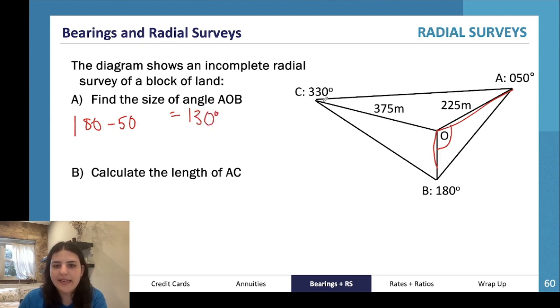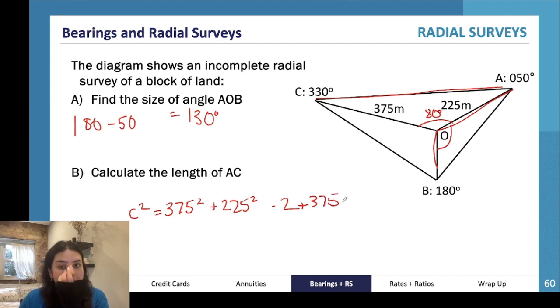Calculate the length of AC. Again, we have our two internal sides and our internal angle is going to be 30 plus 50. So that's going to be 80 degrees in there. And it's again the cosine rule. So C squared is going to be 375 squared plus 225 squared minus 2 times 375 times 225, A squared plus B squared minus 2AB, now I'm forgetting my rule.